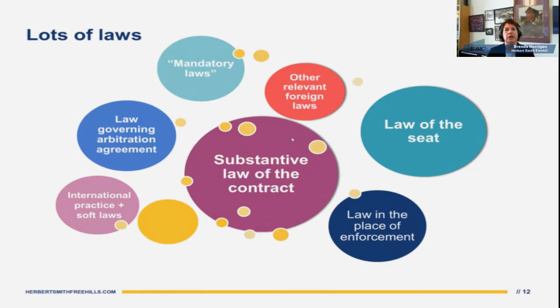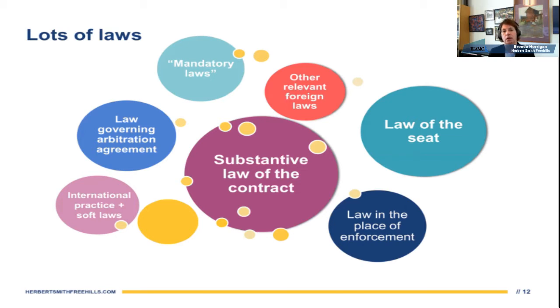Another consideration that will come into play, both with respect to the initial arbitration agreement in the contract and also with respect to how you formulate your case if and when a dispute arises, are the interacting laws that may be relevant.